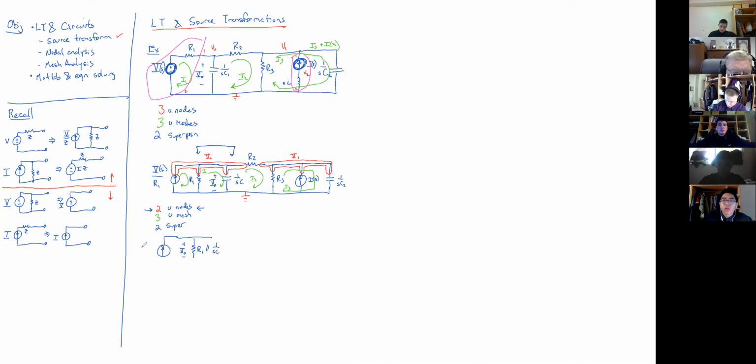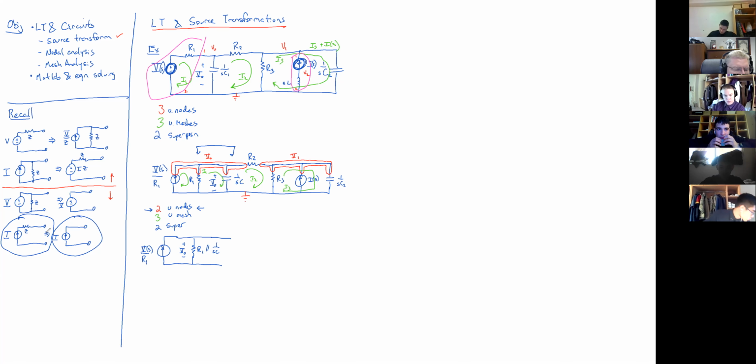Sir, I had a quick question. Before we go any further, before I get more confused, where did the inductor that was in series with that current source on the right go? We used this simplification here: a current source in series with any kind of impedance, whether an inductor, capacitor, or a resistor, the impedance just goes away.